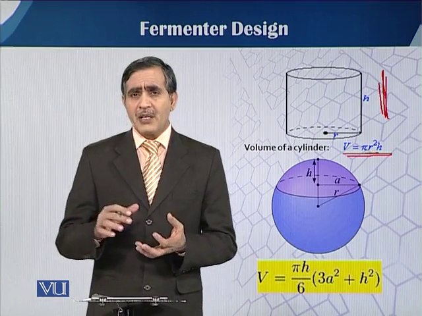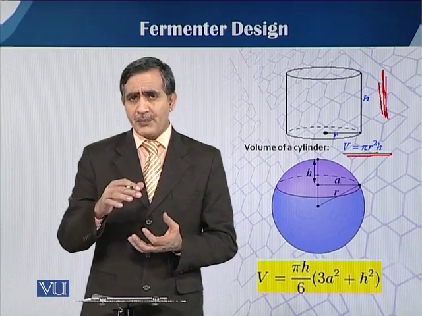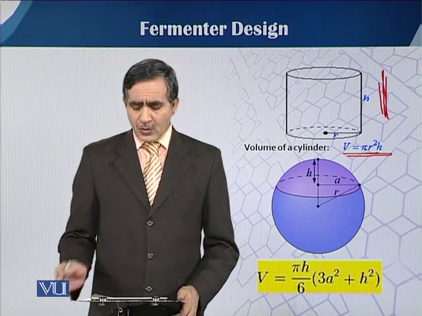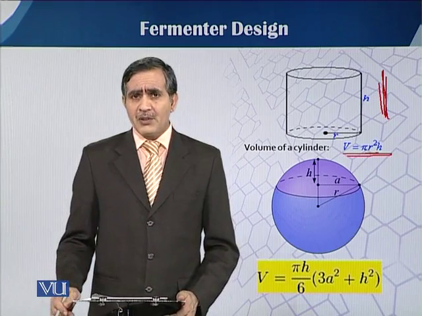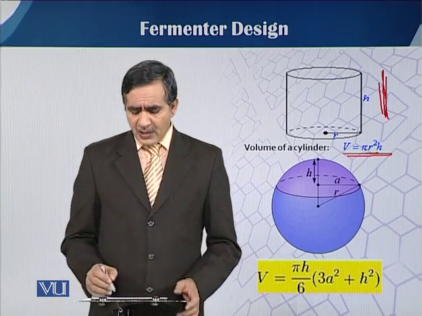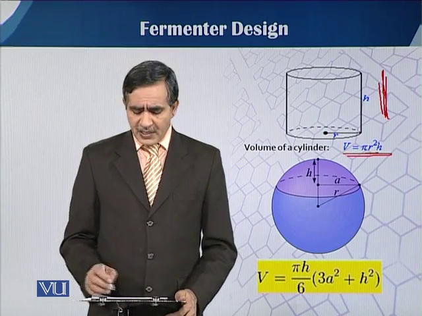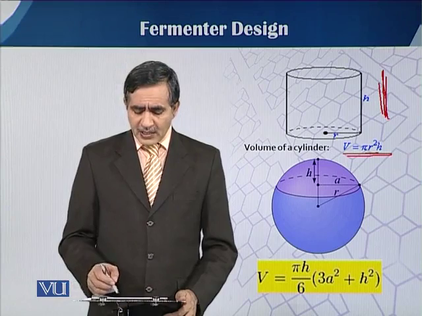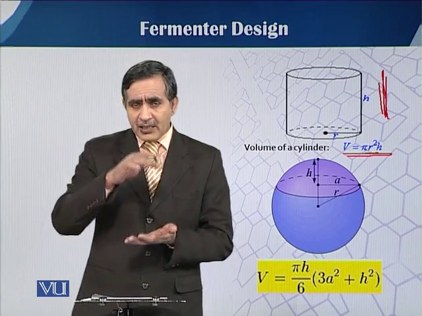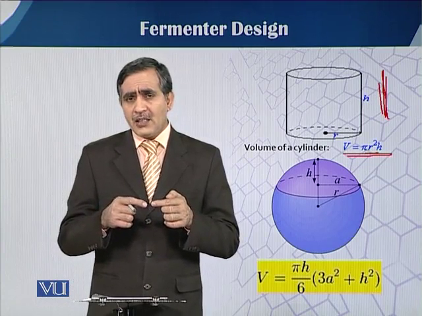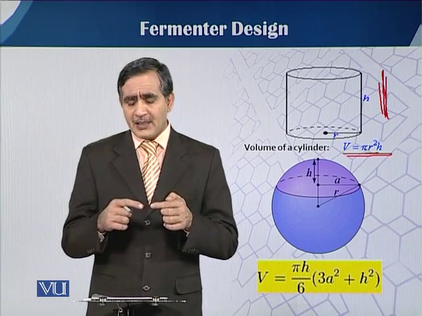But we know that sometimes there is an oblong or dome shape. The upper plate is not straight, that is a dome shape. In order to calculate the volume of the dome, either on the upper plate or the round bottom, we have to follow this formula: V equals pi H over 6 times (3A squared plus H squared). Here H is basically the height of the dome, and A is the distance of the periphery from the center.